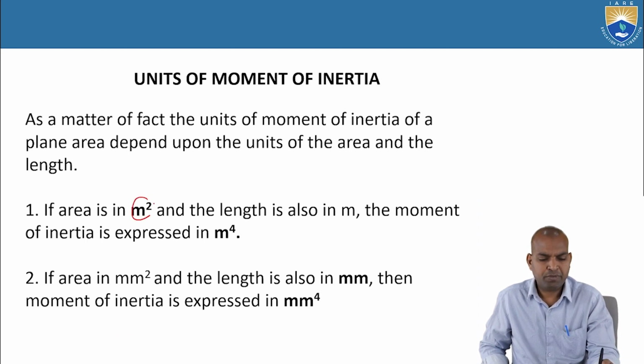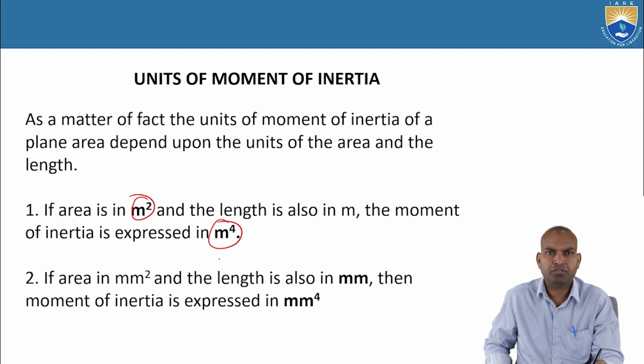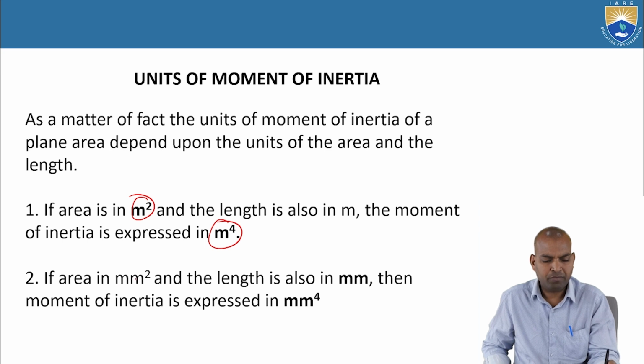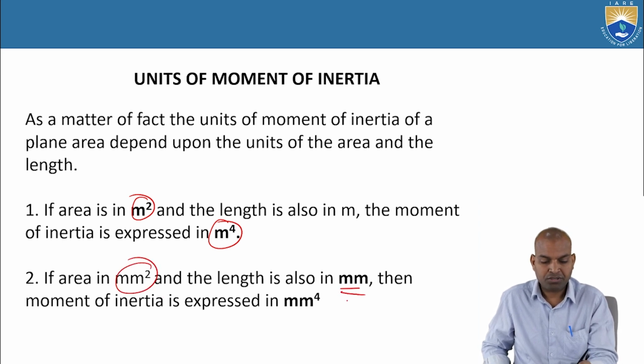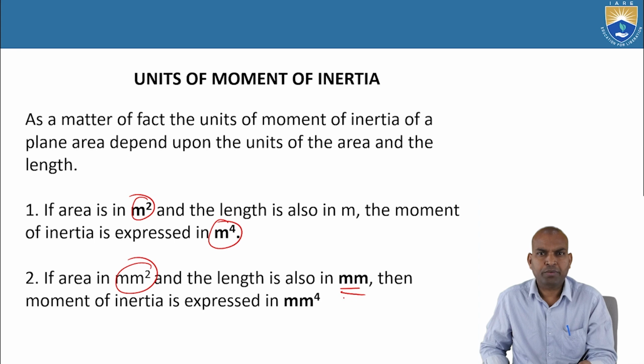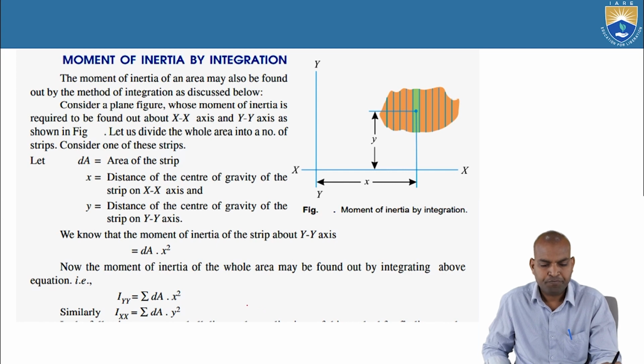If the area is in meter square, then the moment of inertia becomes meter to the power 4. And if the area is in square millimeter and the length is in millimeters, then the moment of inertia becomes millimeter to the power 4. So these are the moments of inertia.